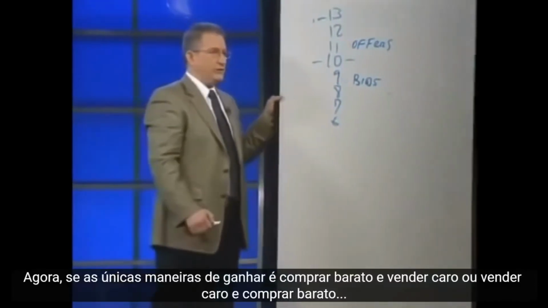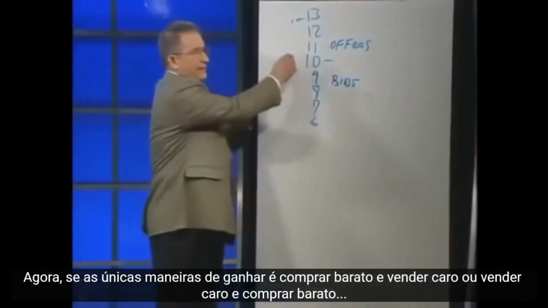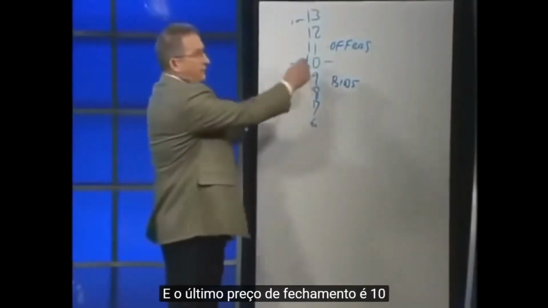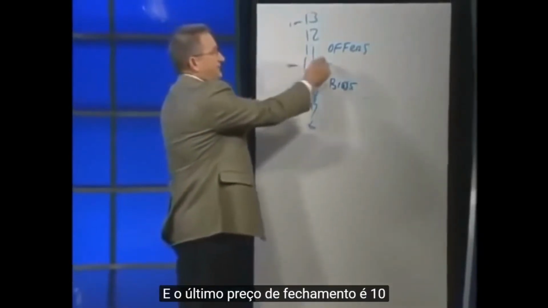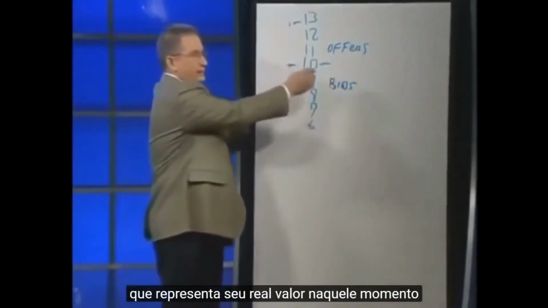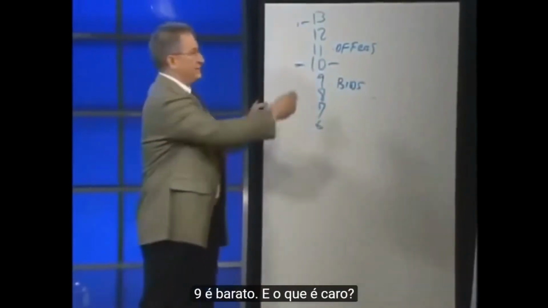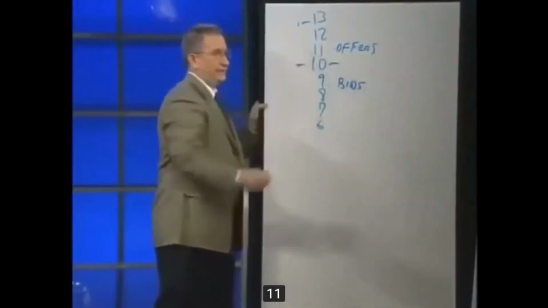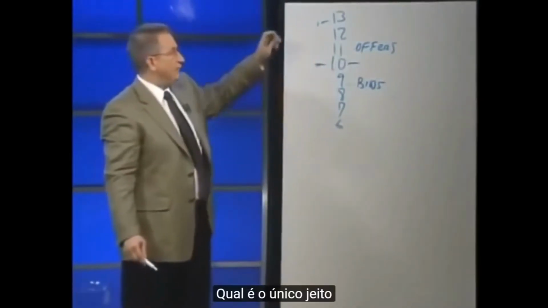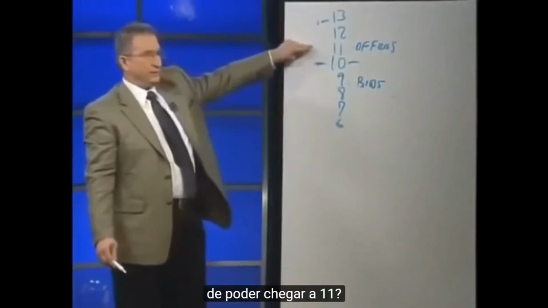Now, if the only way that you can make money is to buy low and sell high, or sell high and buy low, and the last posted price is 10, which represents the value at that moment, then what's low? 9 is low. And what's high? 11. What's the only way that it can get to 11?